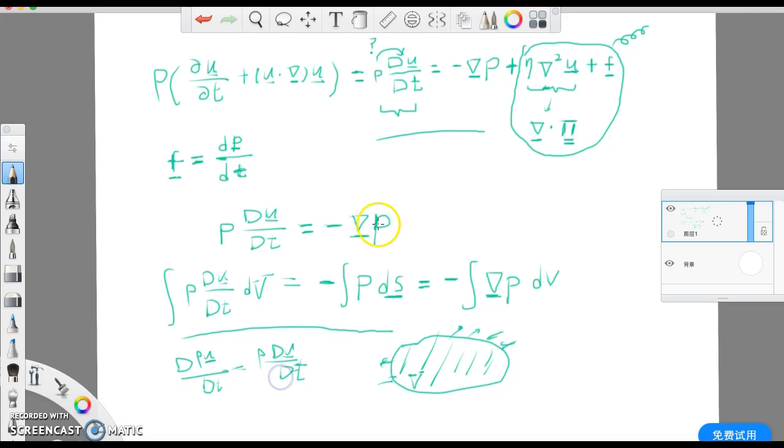And someone may argue that's a simplification, and they will say, okay, the correct expression for the acceleration times mass, the correct expression for the force experienced by this whole volume, would be d/dt of rho u dV, right? Does that look better?